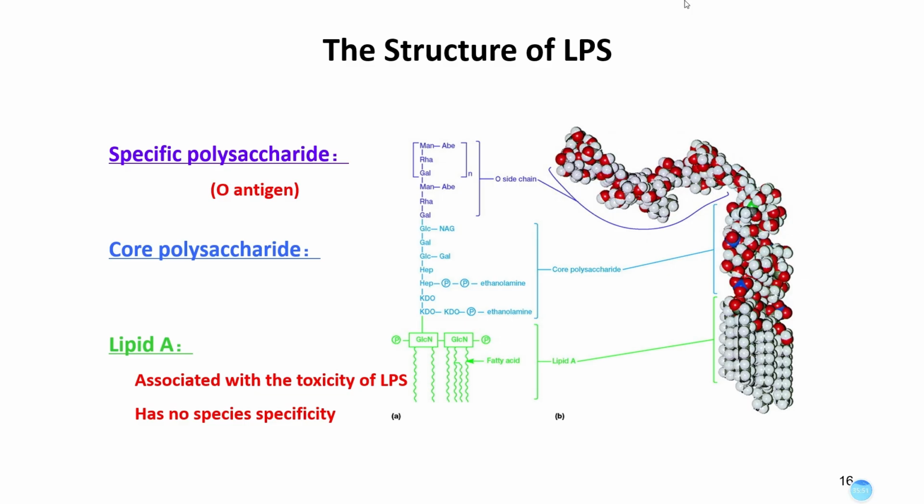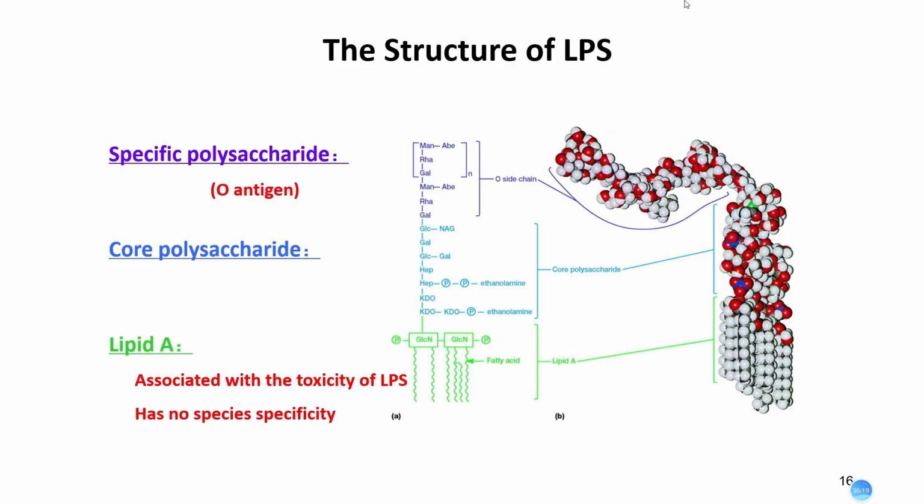LPS from different gram-negative bacteria will carry out similar functions. For example, they can induce our body temperature to rise. That's all due to the presence of lipid A, not their O antigen or core polysaccharide. Lipid A carries the toxicity of this molecule.